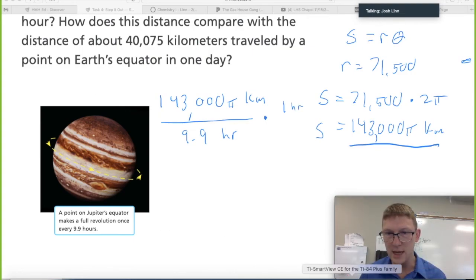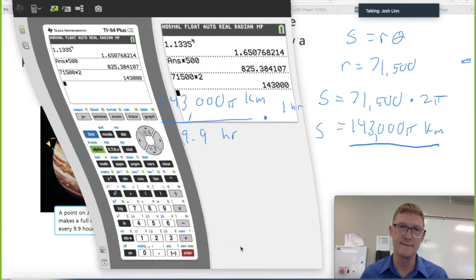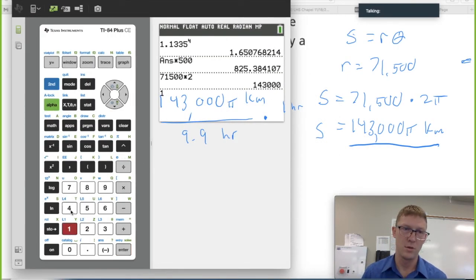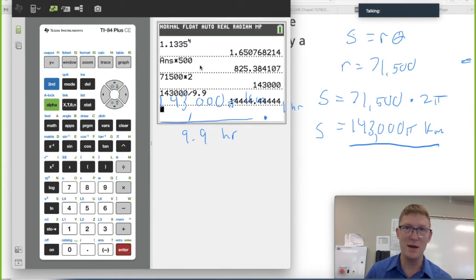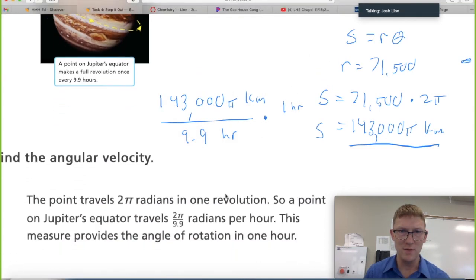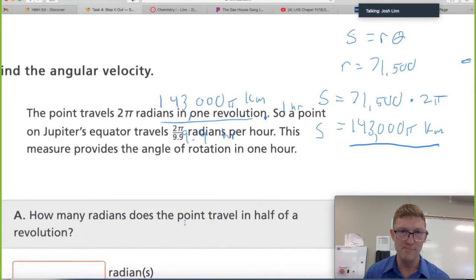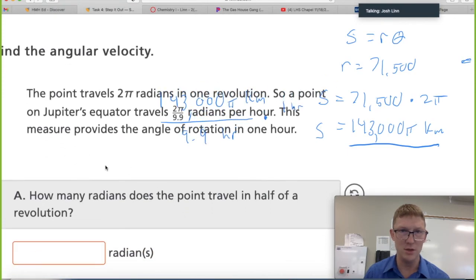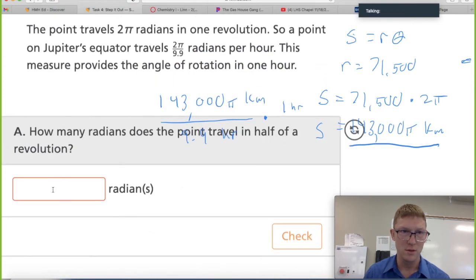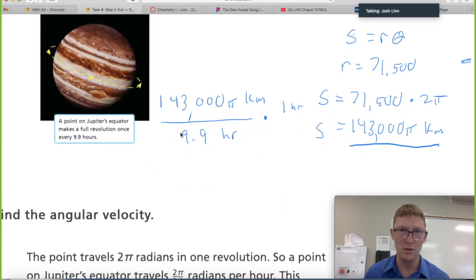So we're going to take 143,000 divided by 9.9. So is that number. So let's see if they want pi. Yeah, it looks like they do want pi in the answer.